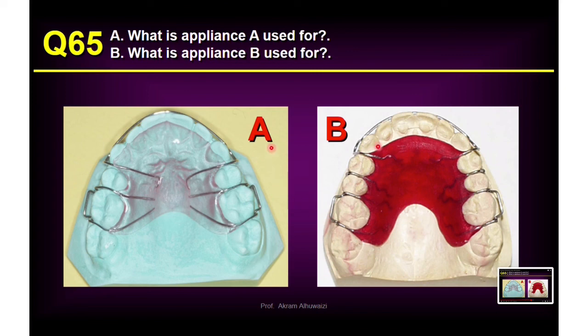Whereas in appliance A, there is a good adaptation of the acrylic base plate behind the upper incisor so that the labial bow can retain the position of the upper incisors after removal of the fixed appliance. So we call appliance A a passive appliance to retain the occlusion, whereas appliance B is an active appliance to move the upper incisor teeth palatally.